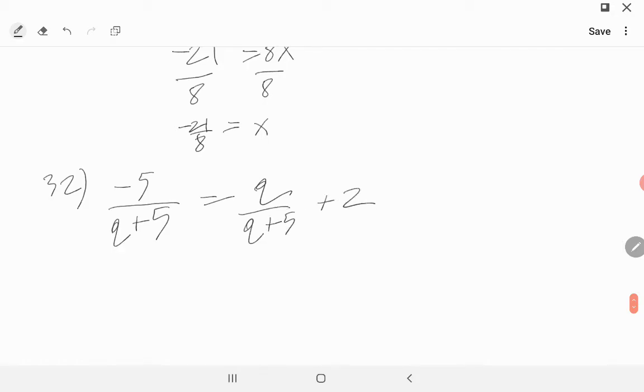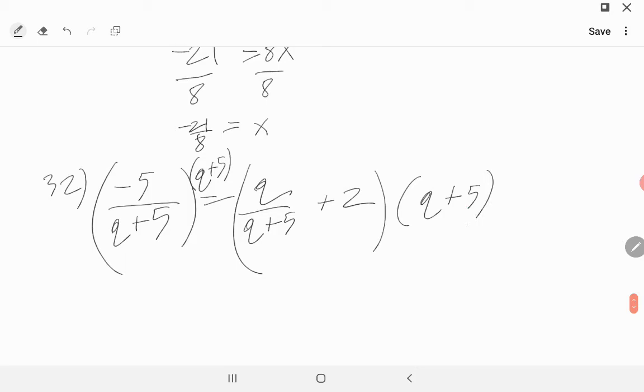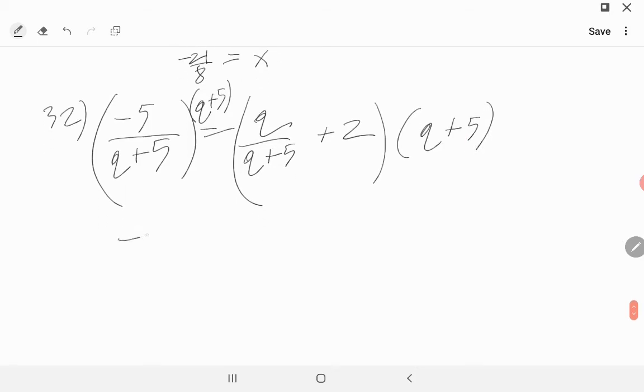And so now, if we use that same technique, we can multiply both sides by q plus 5. That has the advantage that we're going to get negative 5 equals q plus 2q plus 10. So the q divided by q plus 5 multiplied by q plus 5 just got rid of the denominator for us. We're just left with q. And then 2 times the quantity q plus 5 gives us 2q plus 10.